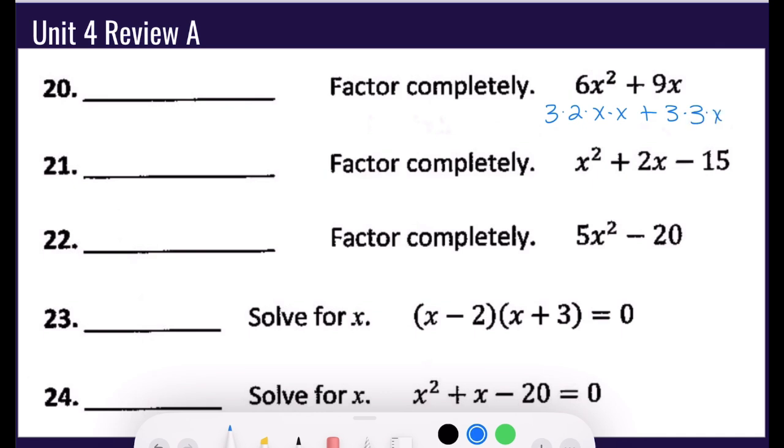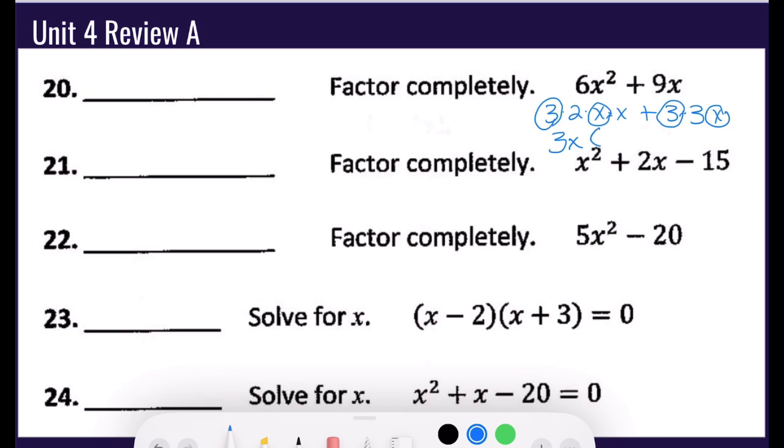And if I do it that way, I can see that both terms have a 3 in common and they have an x in common. So I'm going to pull that 3 and that x to the outside.